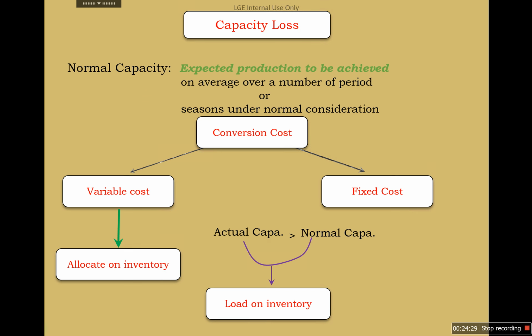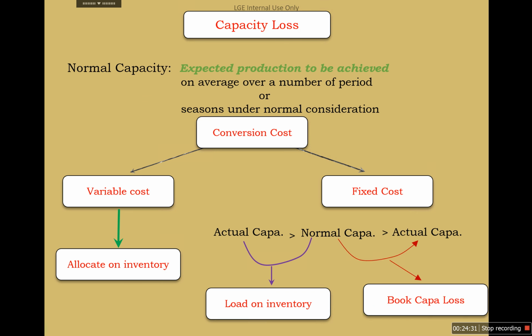And in the opposite case, when the normal capacity that we decide is higher as compared to the actual capacity, for example, the normal capacity that we decided at the beginning of the year is 100, that we are going to produce 100 units per annum, but we produce only 80.